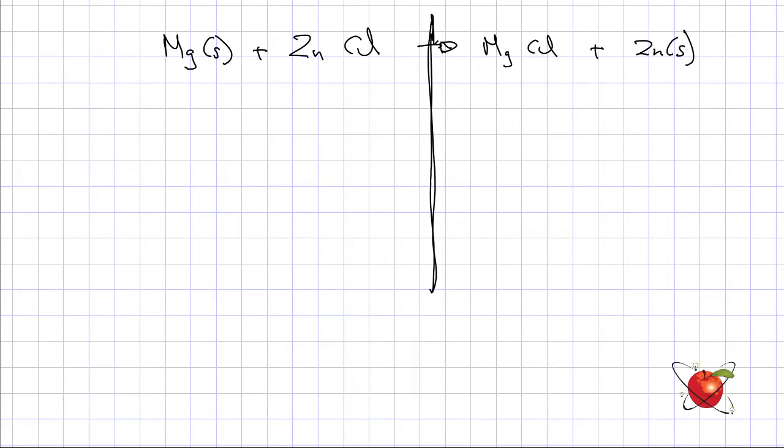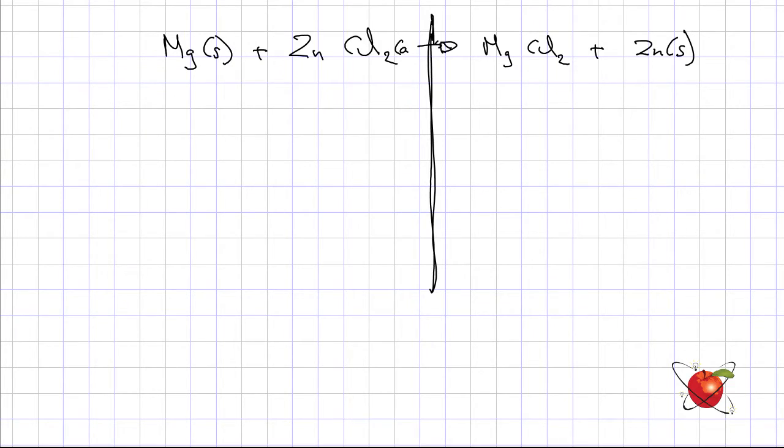First of all, is this balanced? Well, zinc is +2, chlorine is -1, ZnCl2 and MgCl2, and we've got it balanced now. There are a few ways to look at it. We can say the magnesium is a solid, and this zinc chloride is in an aqueous solution, right?